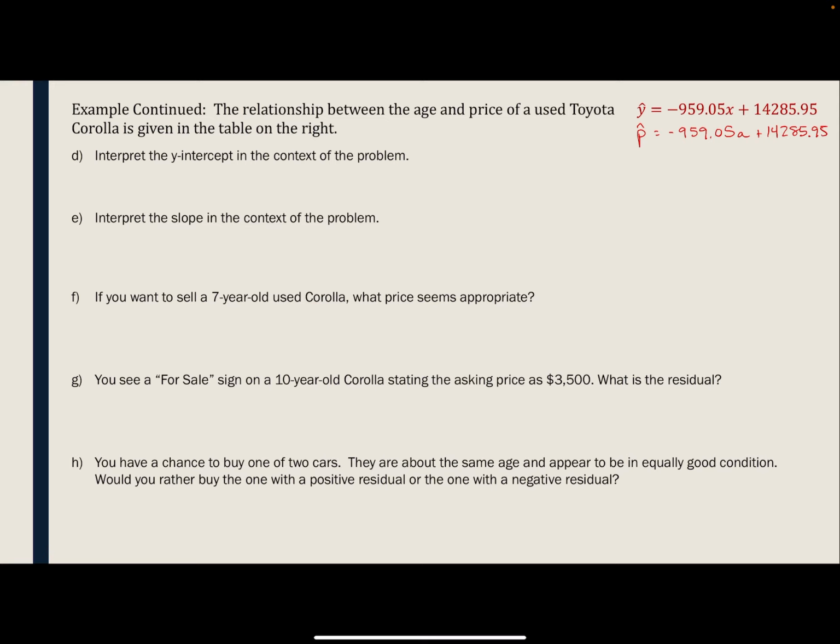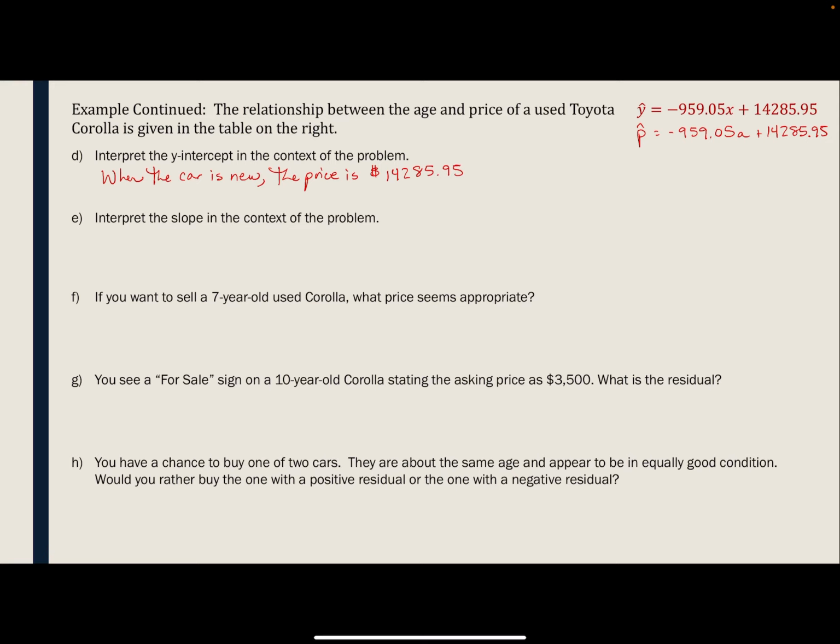Let's interpret the y-intercept in the context of this problem. The y-intercept, remember, is the constant. It's where the age, because it's the explanatory variable, equals 0. When the age is 0, the car is brand new. So this is saying that when the car is new, the price is 14,285.95.